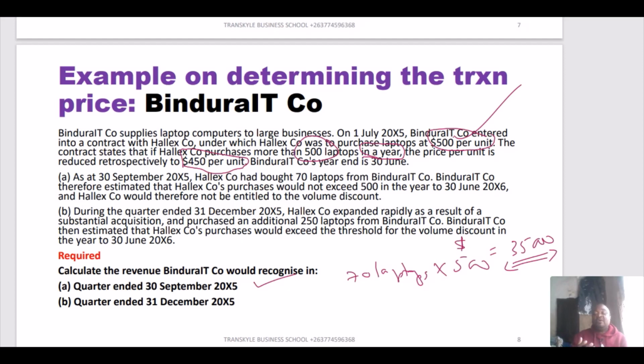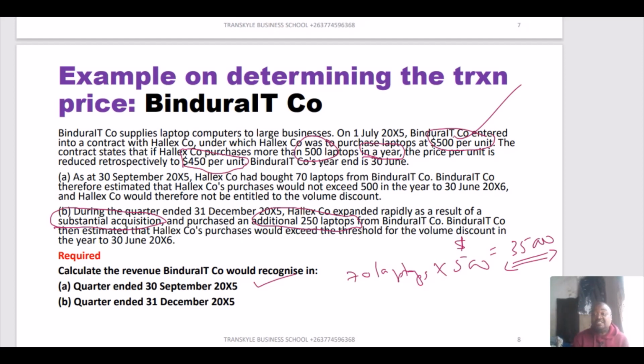However, you can see now that at part B, the circumstances changed. There's been a substantial acquisition, and this customer came to the shop and purchased an additional 250 laptops.